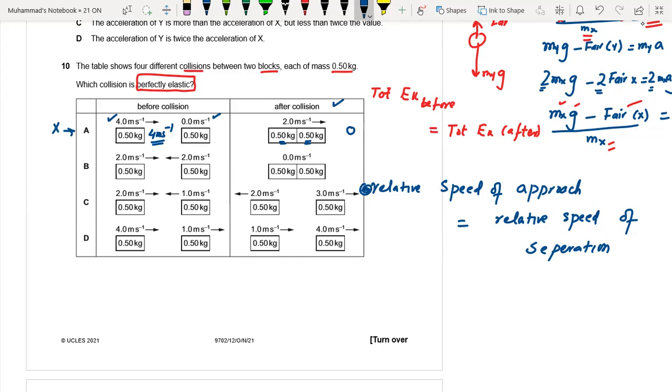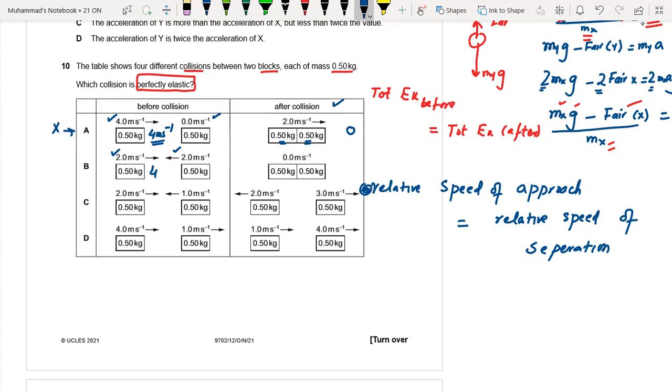Let us check option B. This is moving with speed of 2 meter per second in right direction, and this is moving with speed of 2 meter per second in left direction. So what is speed of approach? If two objects are moving towards each other, then their speeds are added to give the speed of approach.